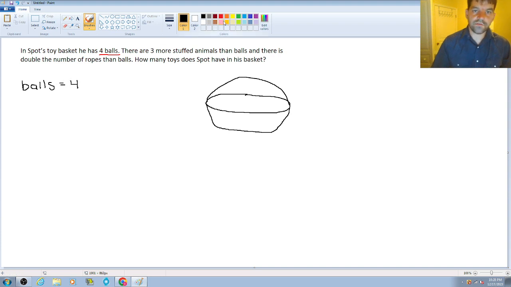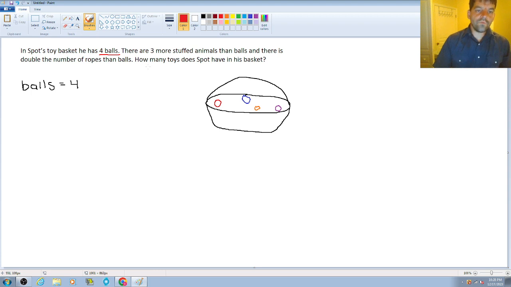Okay, and just to make it a little bit more visual based, I'm gonna put some stuff here in the basket. I won't lie, that basket actually turned out better than I thought it would. Okay, so we have 4 balls in the basket. Okay, so now let's go ahead and continue reading.